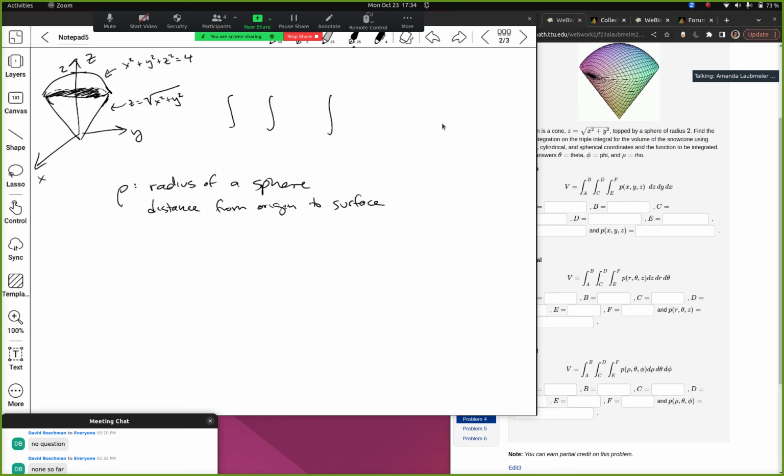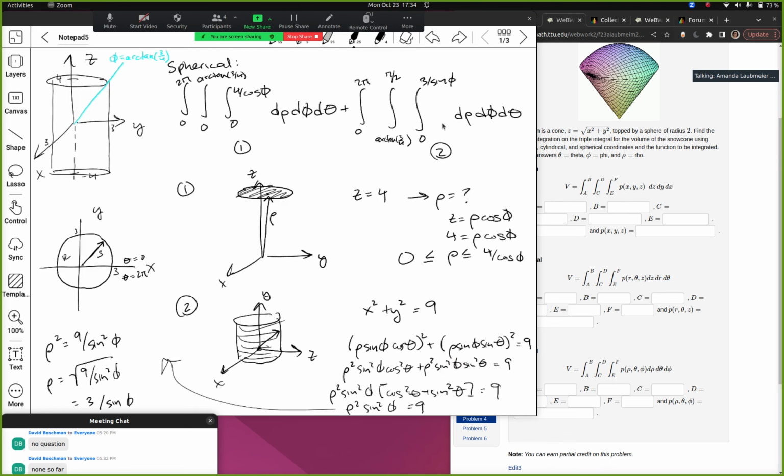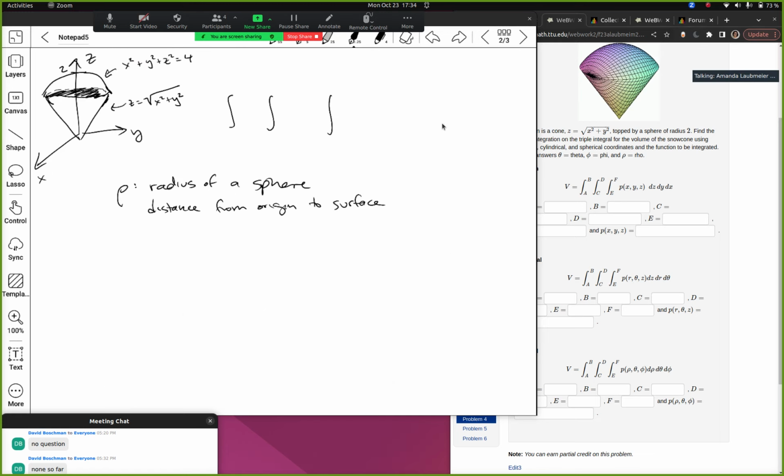So one hint is every time you're given a problem and you're told that the bounds are a sphere, you should immediately take that radius and make it rho. The same way when somebody gives you a radius for a circle, you probably don't stop and think about it. You just say, oh, that's going to be my r.